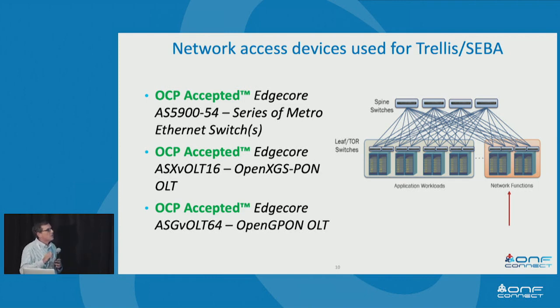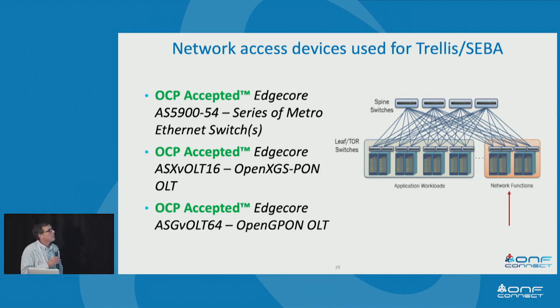In that Trellis environment, of course, we head off to the right: the access into that Trellis environment, or the access of the network for either consumers or enterprise customers. So there are OCP accepted switches, of course, or PON devices, aggregation devices that are in use today in SEBA, in the ONF SEBA design.